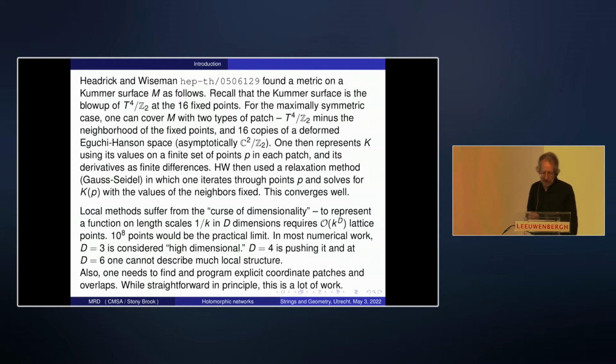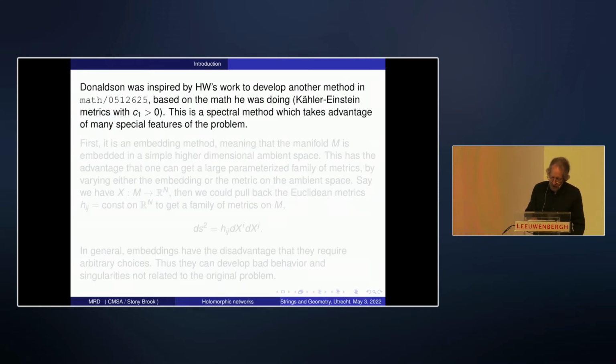So 4 is already pretty big, and 6 seems very difficult from that point of view. But the saving grace, as we'll find out in this problem, is that we actually know from Yau's theorem that the solutions are smooth. And I'll get to that, but basically that says that spectral methods should be much better.